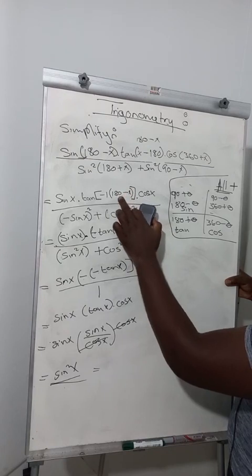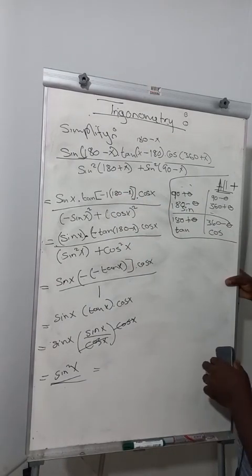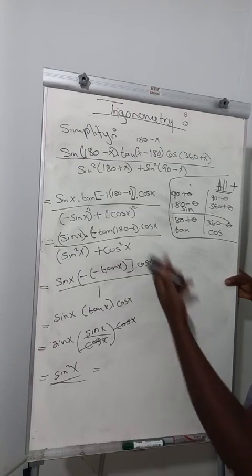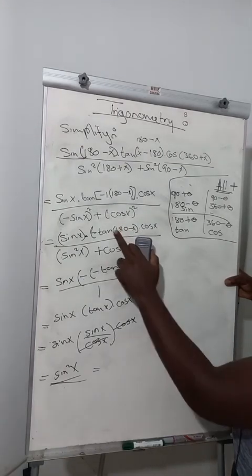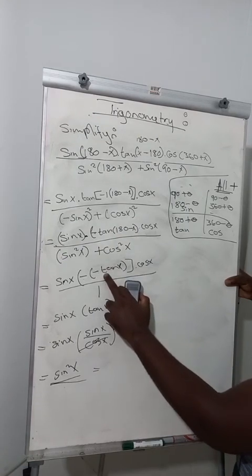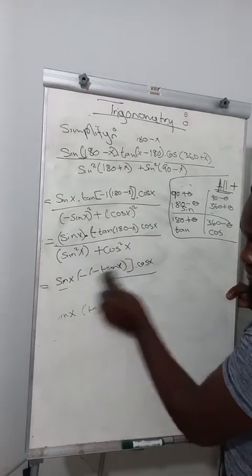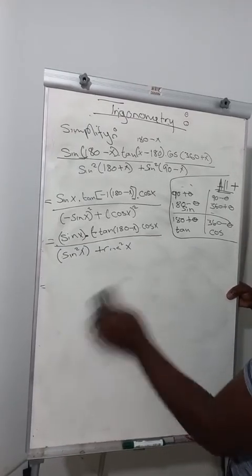So it is much easier to say that 180 minus x falls within the second quadrant. And within the second quadrant, tan is negative. I just wrote it here. Do you see that? So now we move past that.